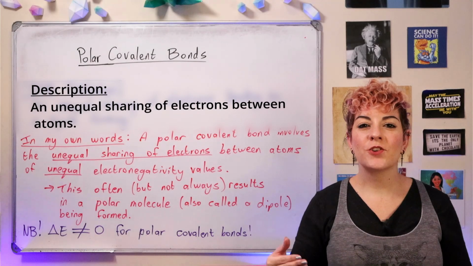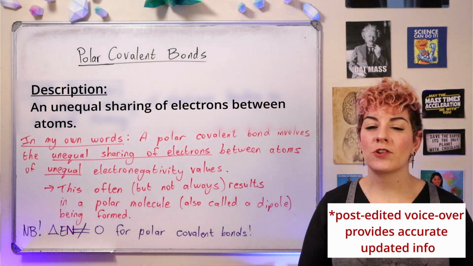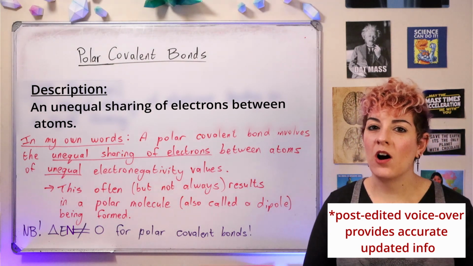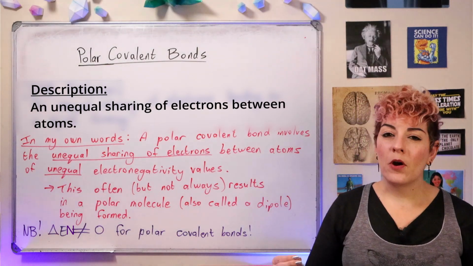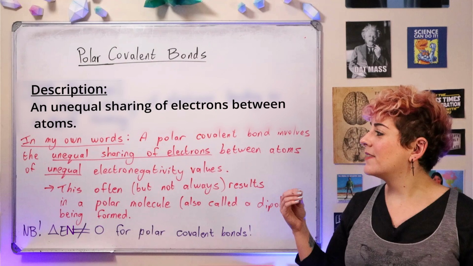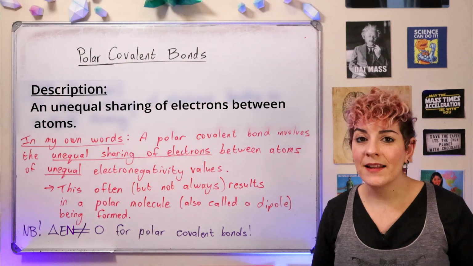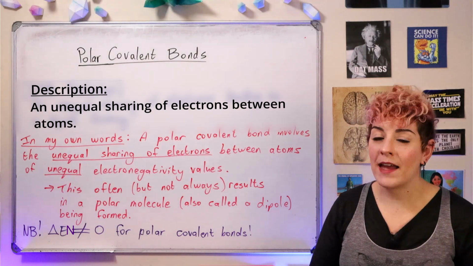Right, so onto polar covalent bonds. Now, a good description of a polar covalent bond is an unequal sharing of electrons between atoms. In my own words, a polar covalent bond is the unequal sharing of electrons between atoms of unequal electronegativity values.